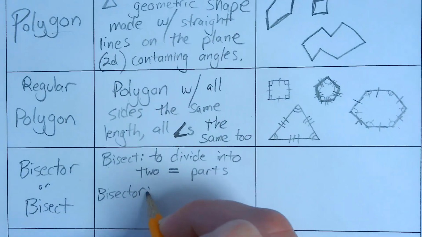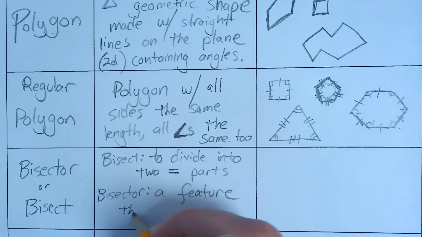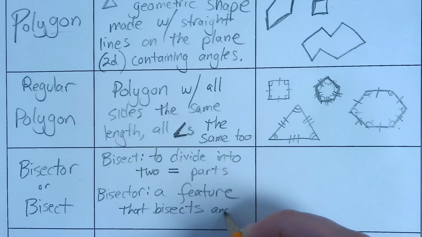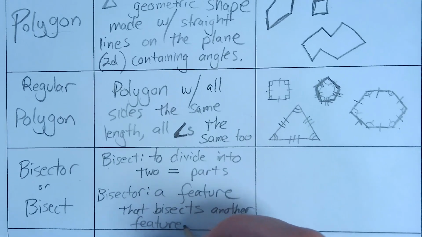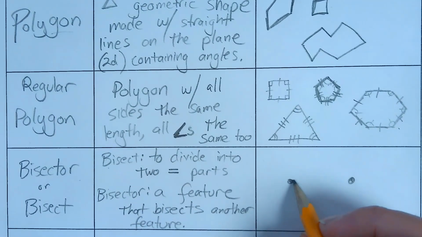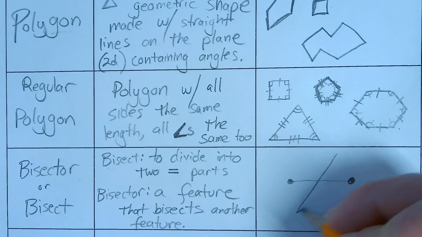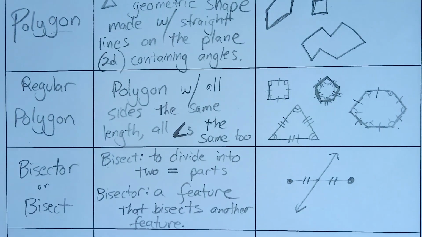Bisector, a feature that bisects another feature. So if we have this segment and we want to bisect it with, let's say, just a diagonal line. Ooh, that was not very close to the middle, but let's just add some marks and now voila, it is bisecting.